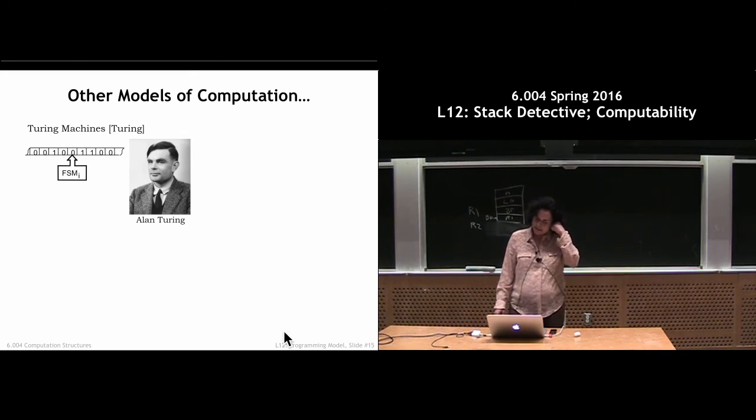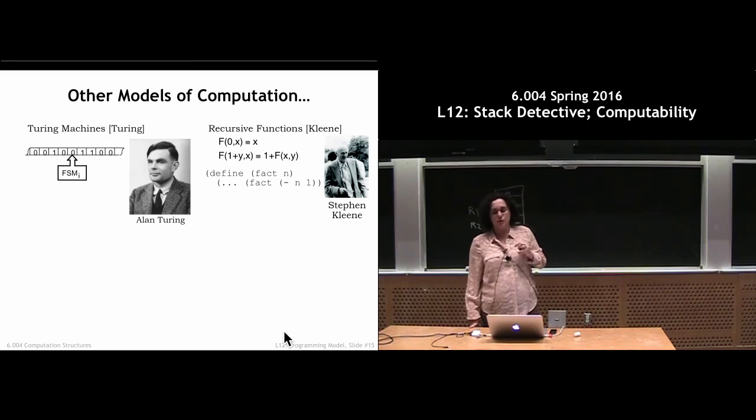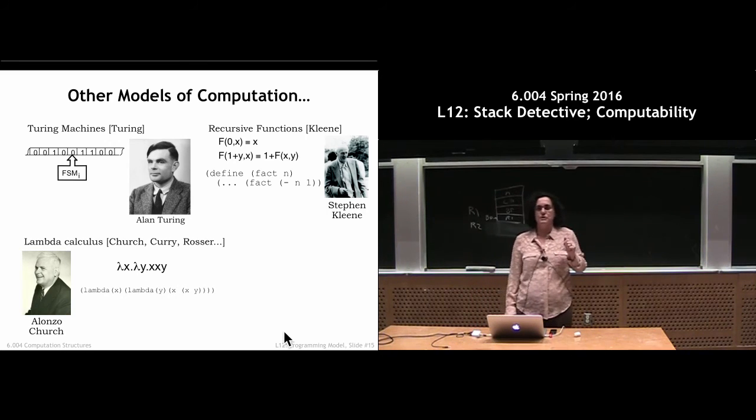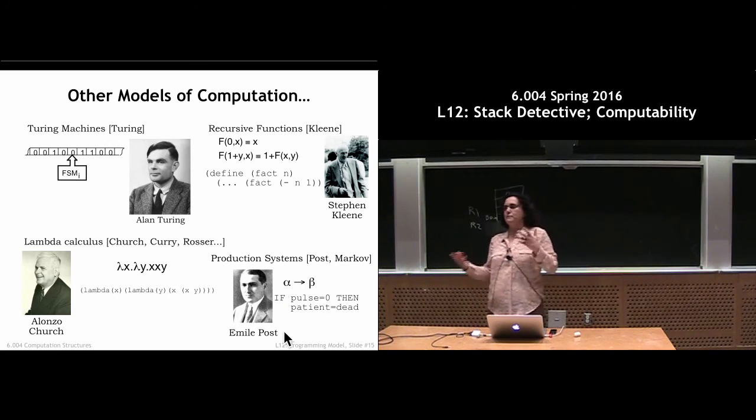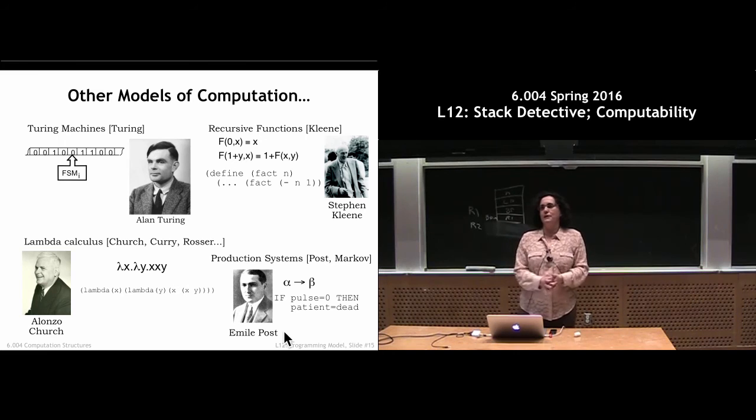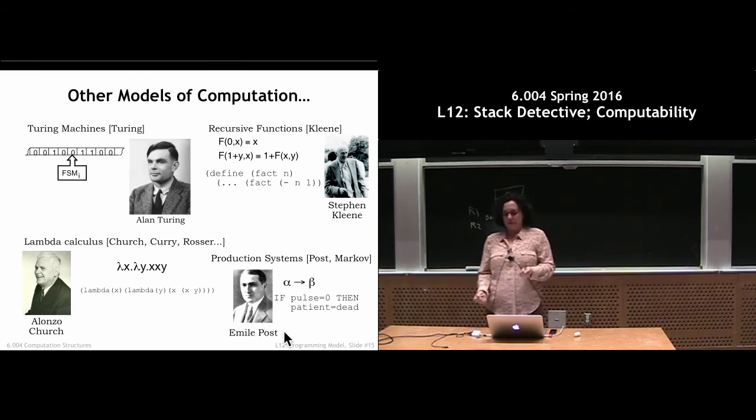Now, in addition to Alan Turing, who came up with this model of computation of Turing machines, there are a number of other people who worked on different models of computation. And in fact, there were many models that were identified that worked equally well.